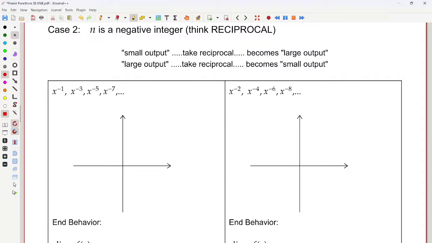Negative integers. I kind of switched the order here on purpose, but that's okay. And last time we reviewed properties of exponents, specifically negative exponents are really reciprocals. A small output, like a half, that's pretty small.